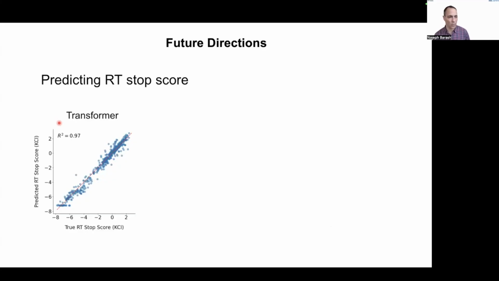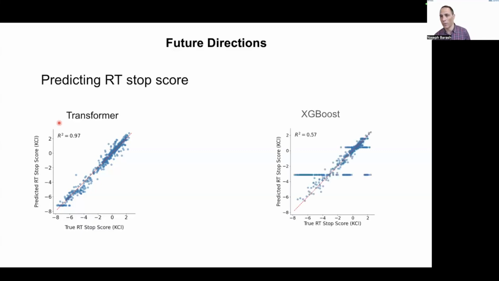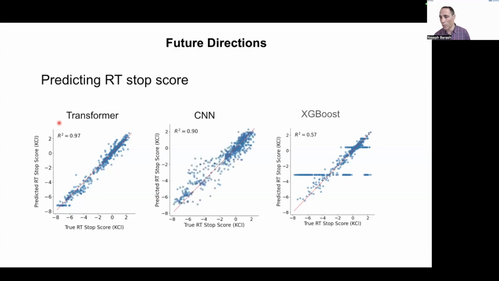So this is our model, the transformer model. And this is test data on that specific data set that I showed you before. And in case you're wondering, well, it might be a very easy problem. This is what we get when we do an XGBoost decision tree. So yes, you can predict things. And if you're wondering what happens if you do a CNN, that's what we got.